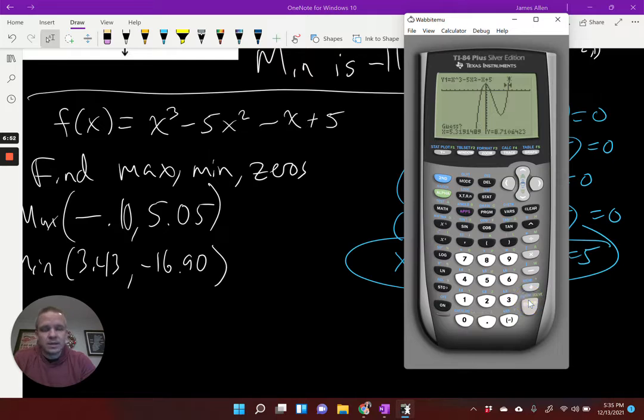Hit enter. And then once again, we guess. Notice how the arrows are pointing in towards the point. 5, and then, what is this? 3.6 e negative 12. That is scientific notation for moving the decimal place 12 spaces back. So that's like 0.000000000, right? A bunch of zeros. So it's 0. Your calculator is approximating. Sometimes that happens. Cool, awesome sauce.